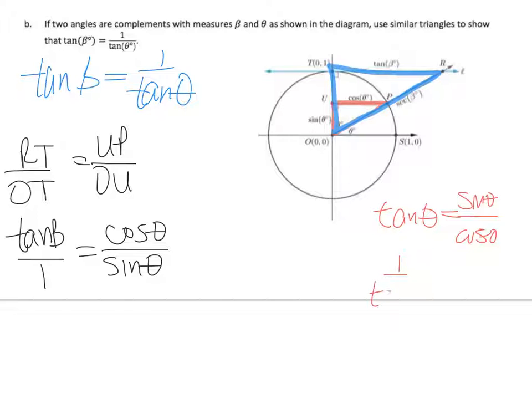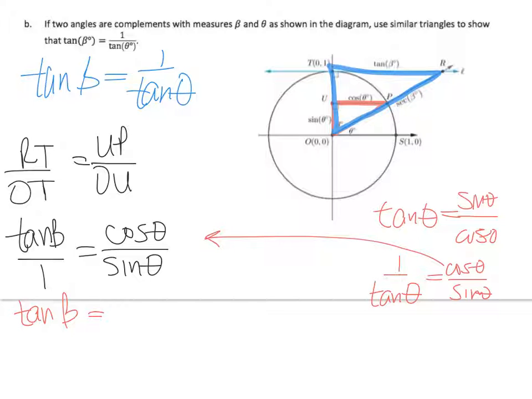So 1 over tangent theta equals cosine theta over sine theta, which I'm going to take back over here, right? So I can say that tangent beta equals 1 over tangent theta because of substitution. Right here, I just substituted it, and there we go.